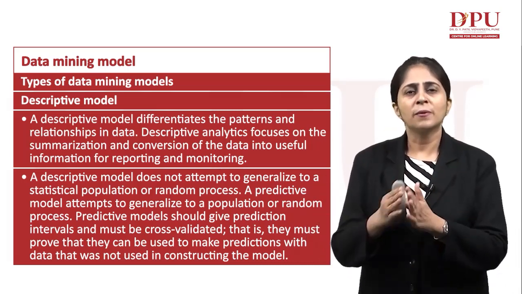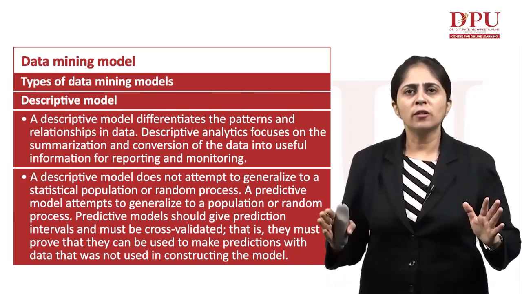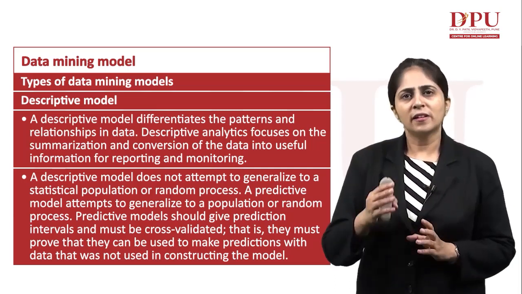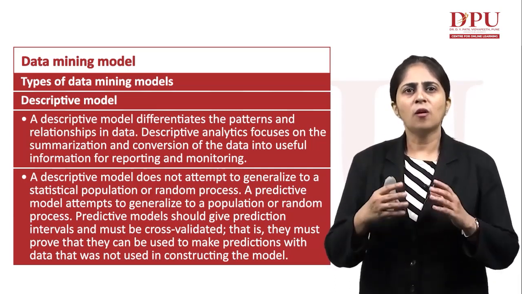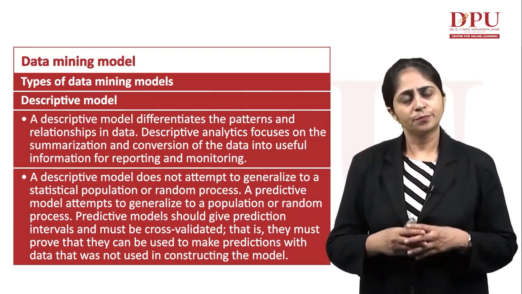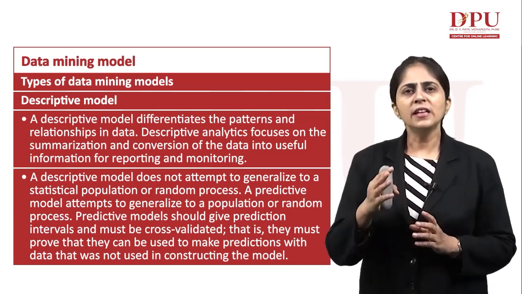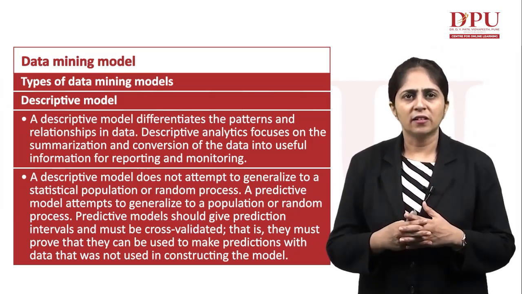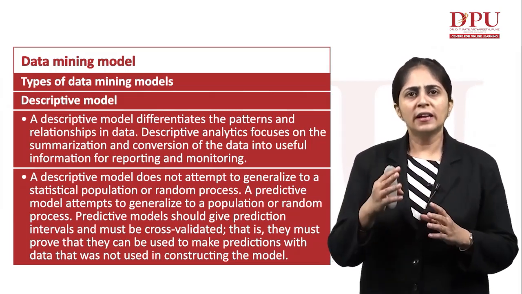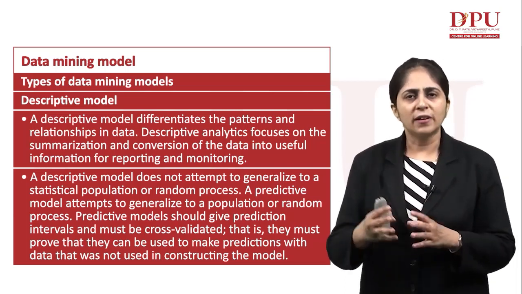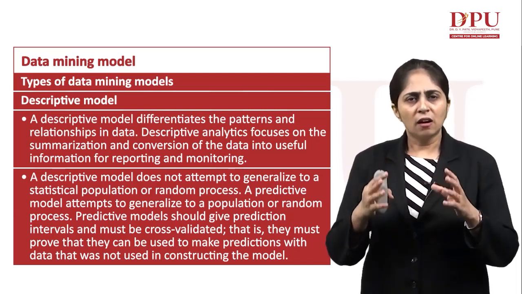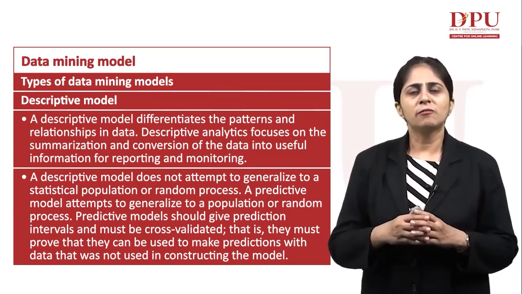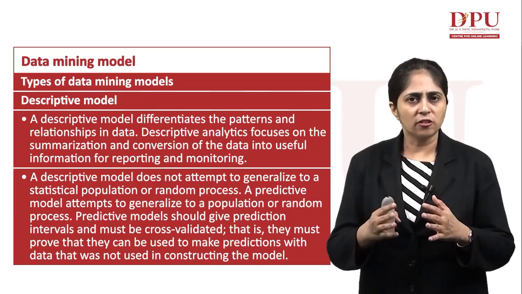While a predictive model attempts to generalize to a population or a random process. Predictive models should give the prediction interval and they must be cross-validated. That is, they must prove that they can be used to make predictions with data that was not used in constructing the model. So that is the difference between the predictive model and the descriptive model.